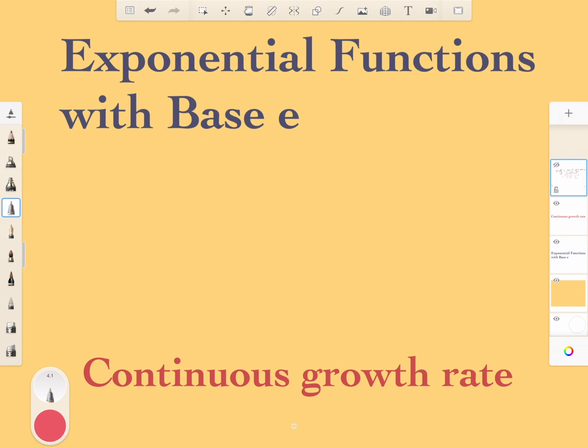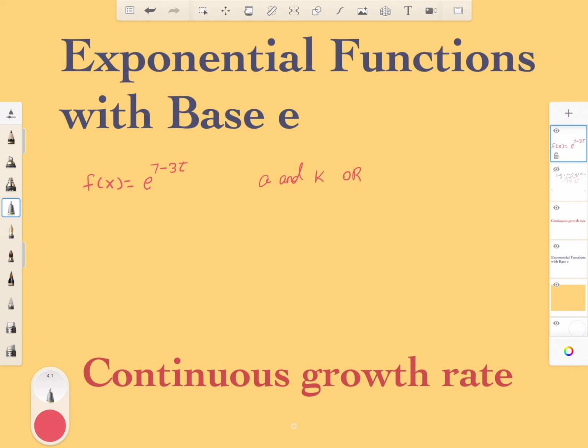All right, first example. I give you a function like f of x equal to e to the power of 7 minus 3t. My question is, what are a and k?